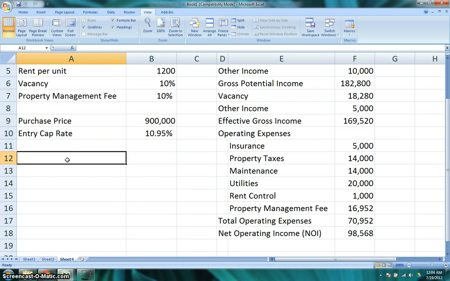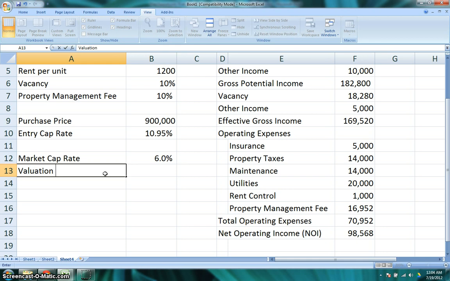So if other properties that are similar to this one that we're looking at have a cap rate in the market of 6%, then that would mean the valuation of this property, at a 6% cap rate, you would take the net operating income and divide by the market cap rate, should be 1.6 million.